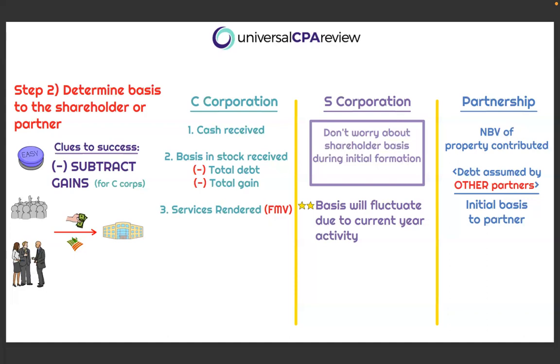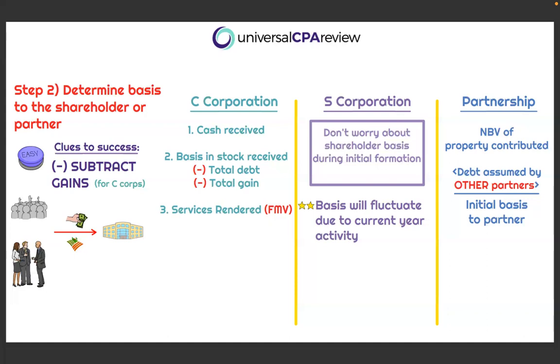When they're reporting their taxes, they're going to report what's called a Schedule K-1 on their individual tax return, and that's going to report the income they received from the S corporation. We're not going to worry about it too much because basis for S corps is primarily going to be impacted during the current year activity, not as much during the initial formation.